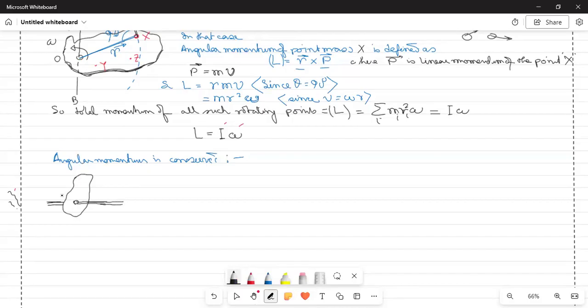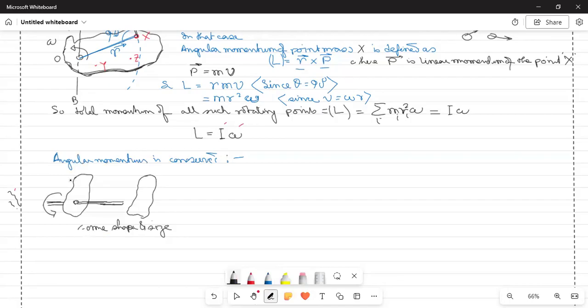Say this is rotating over an axle like this, in this direction. And you have another body of the same shape and size.